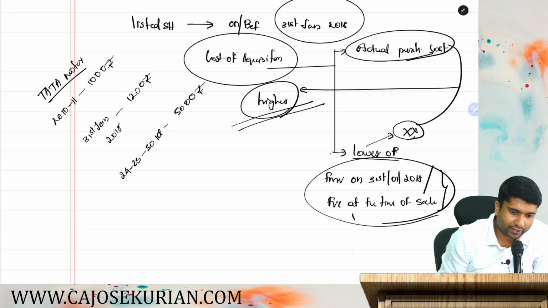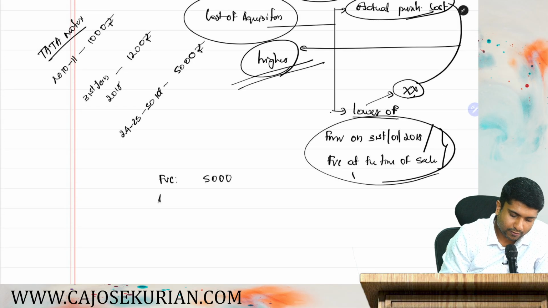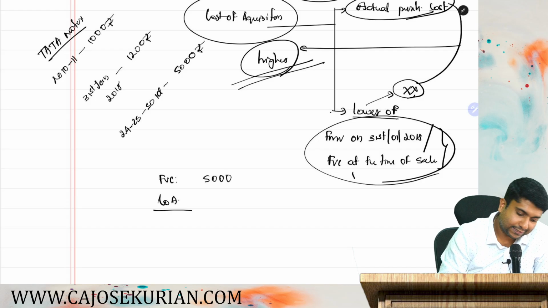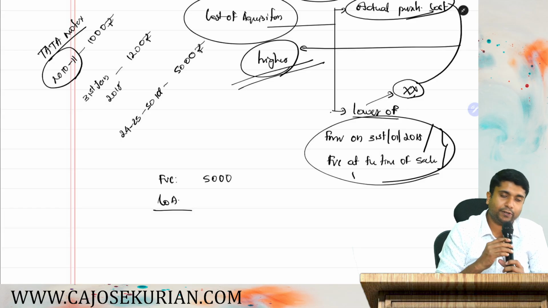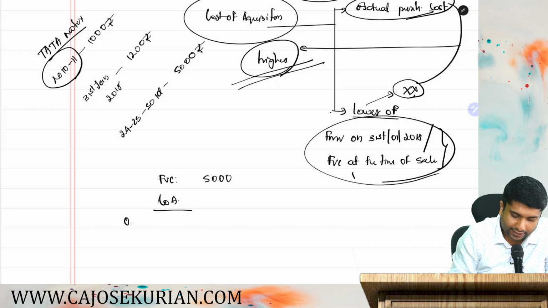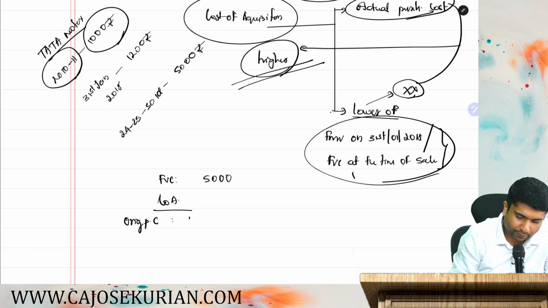How do you compute the capital gain? Full value consideration 5000. Imagine there is no direct expenses, etc. Directly cost of acquisition. Since it is purchased before 31st January 2018, while taking the cost of acquisition, you can either take original purchase cost. How much is original purchase cost? 1000 rupees.